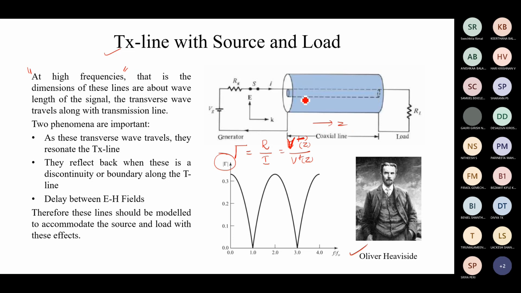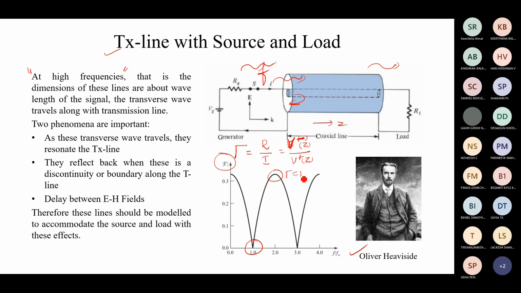So along the z direction, when the wave is traveling, some signal will go inside, some signal will be reflected back. When he studied this with respect to various frequency signals, he found that only in some frequency cases did he get a very low reflection coefficient, which means the signal will travel from the source up to the load, and in some cases it is almost equal to 1.